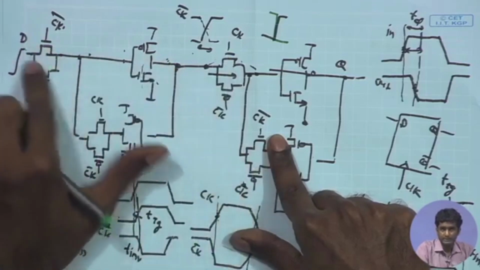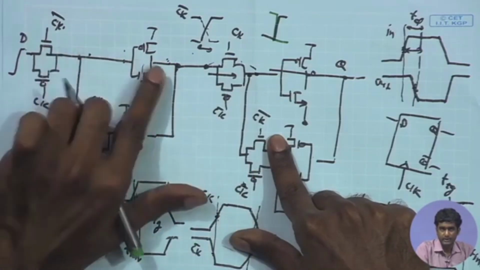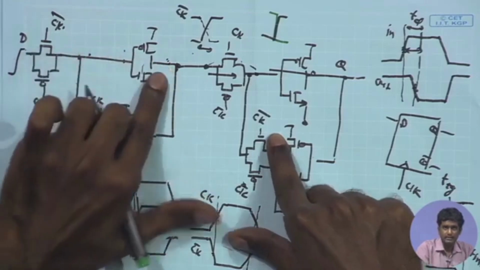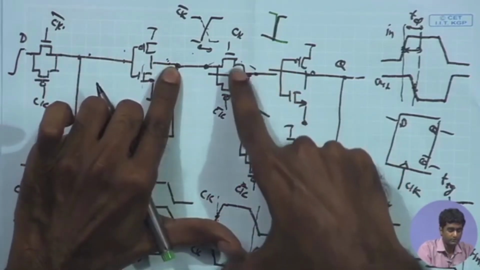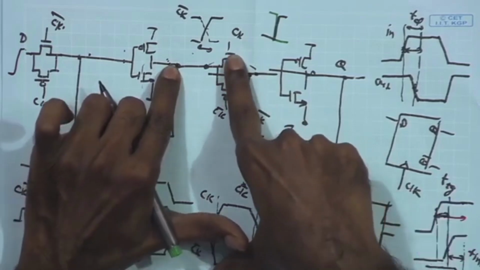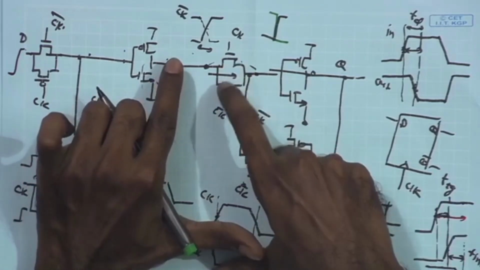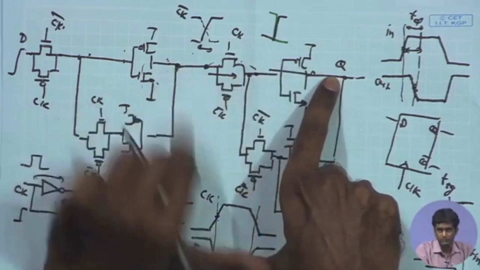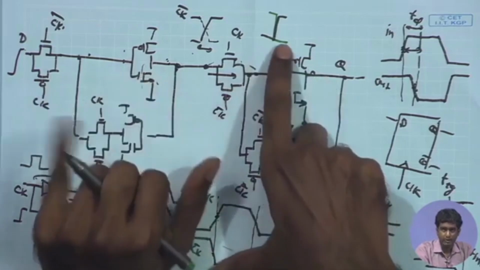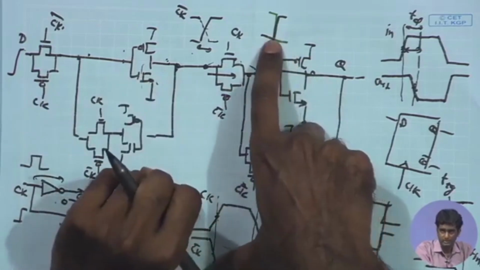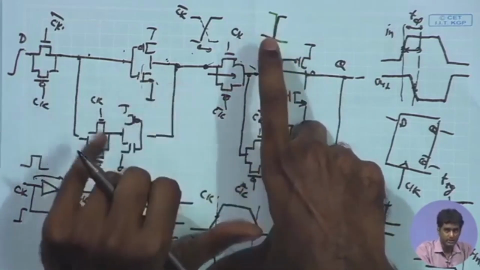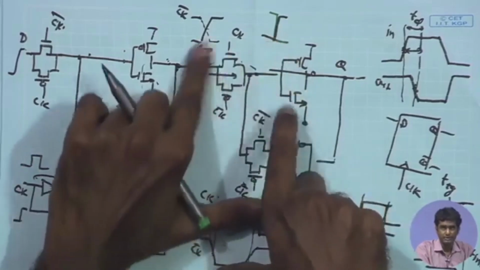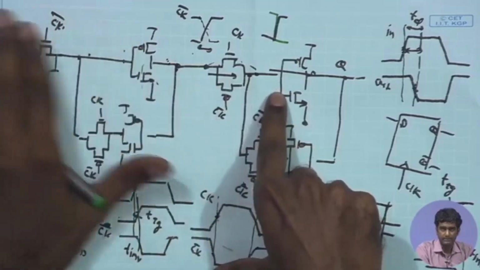this is anyway disabled. So, this does not have any influence on the data that was stored over here, and immediately after the positive edge of the clock, this is getting on. Therefore, whatever was the data level available at this point is going to propagate to the output. So, if the clock pulses are having negligible rise time and fall time, immediately after the active edge, that is immediately after the rising edge, this is getting on and this is disconnected from the input.